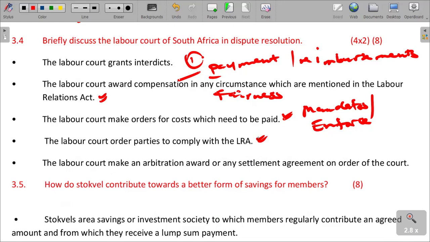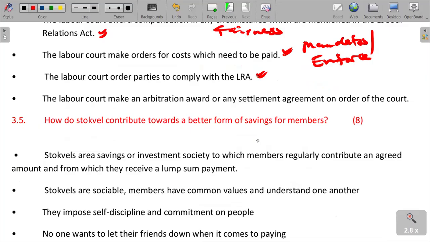Compliance with the Labour Relations Act is also through the Labour Court, and then the Labour Court makes an arbitration award or any settlement agreement on order of the court, which is also a very important point. Arbitration award gives the verdict. They make judgments on that.